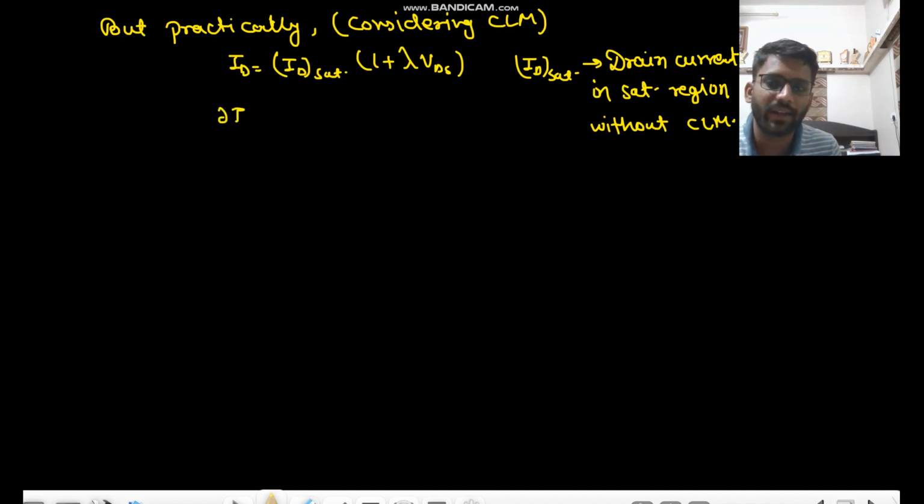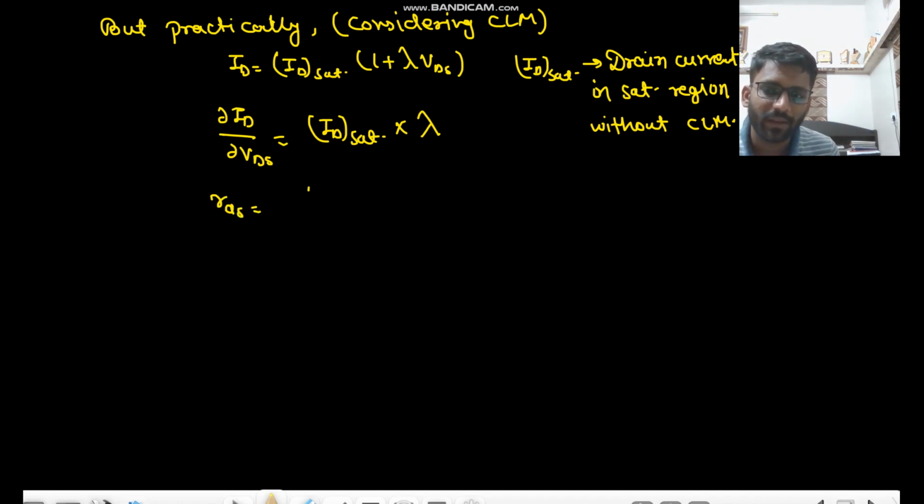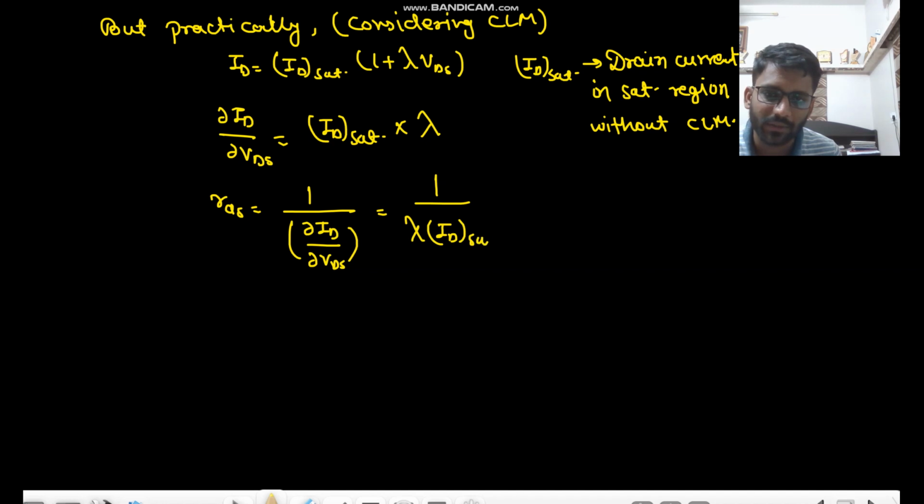So now what will happen? Del ID upon del VDS would be ID sat into lambda. So your RDS, 1 upon del ID upon del VDS, would become 1 upon lambda ID sat. So this is the value of RDS.